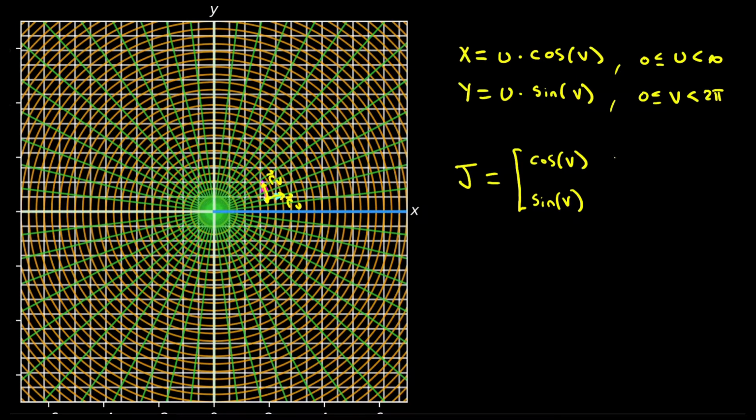And then the next column of the Jacobian matrix is going to be negative u sine of v and positive u cosine of v, which is the x partial derivative with respect to v and the y partial derivative with respect to v.